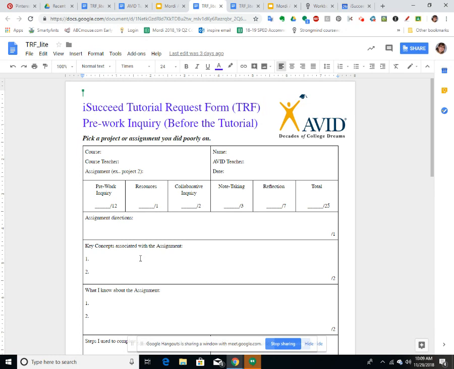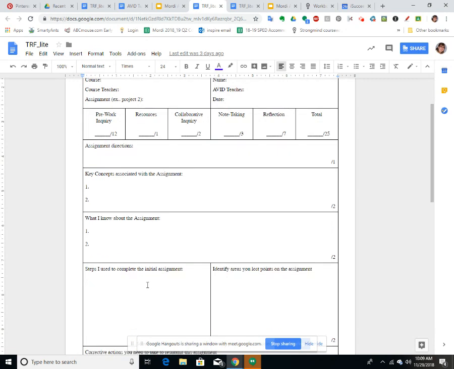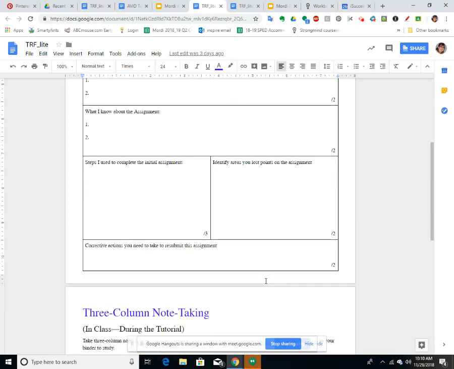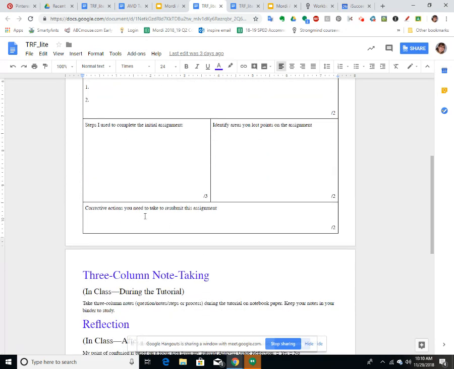Include any concepts associated with the assignment, what you know about it, the steps you used when you initially completed it, and any areas where you lost points. I know a lot of the teachers are including rubrics, so you should have some specifics as to why you got the grade that you got. Then identify the corrective actions you need to take to resubmit this assignment. What are the things you need to fix in order to resubmit it?